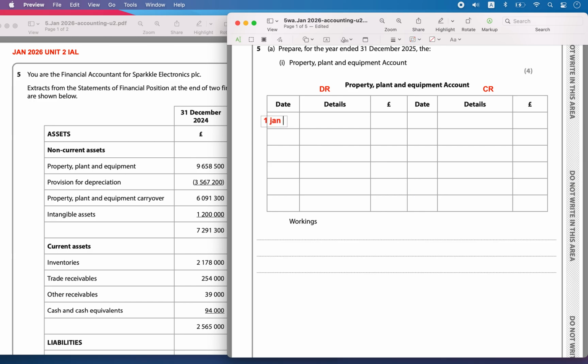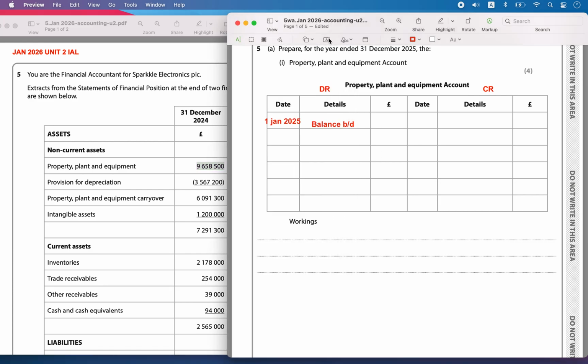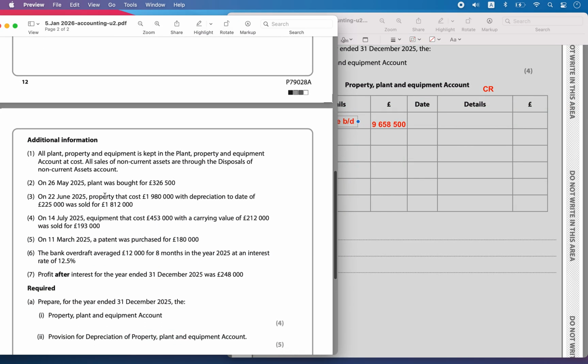So we can start like that: 1st Jan 2025, balance brought forward, balance b/d, is equal to 9,658,500. This was the beginning balance.